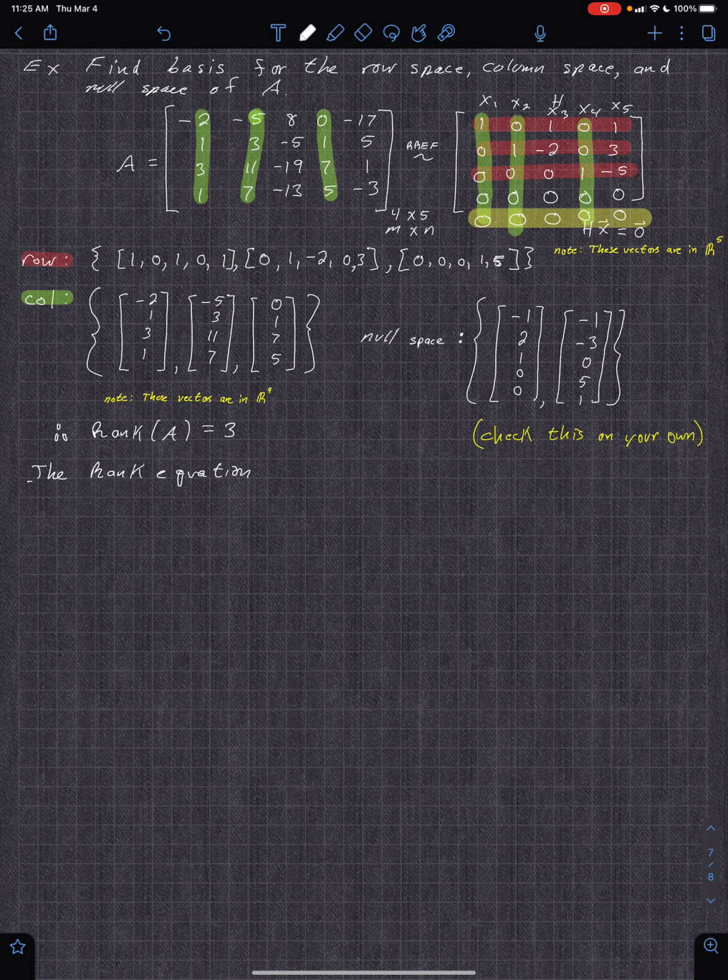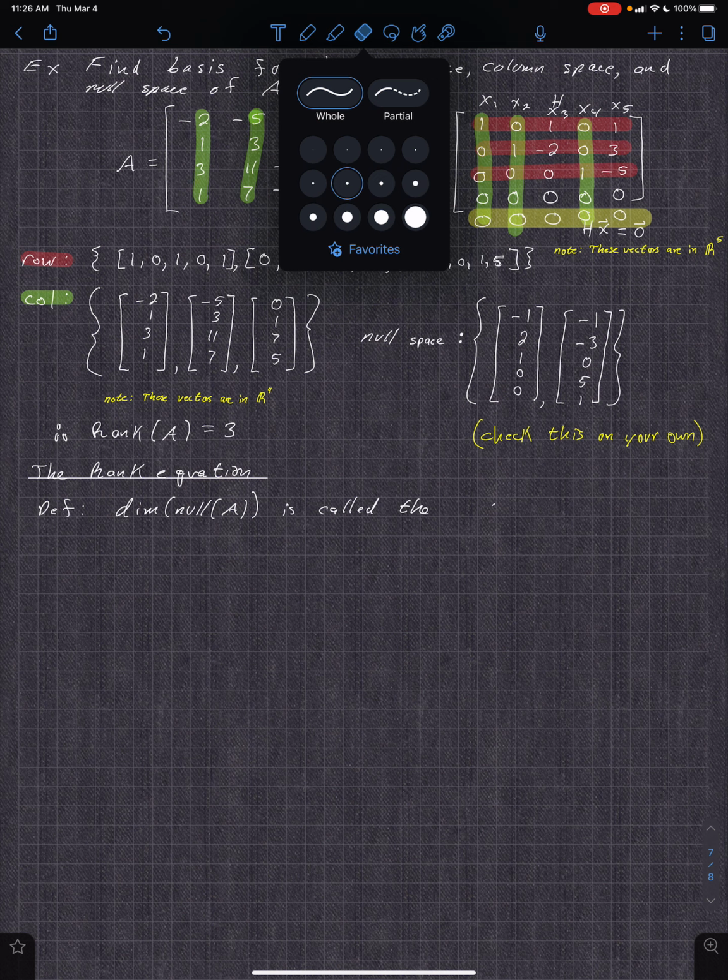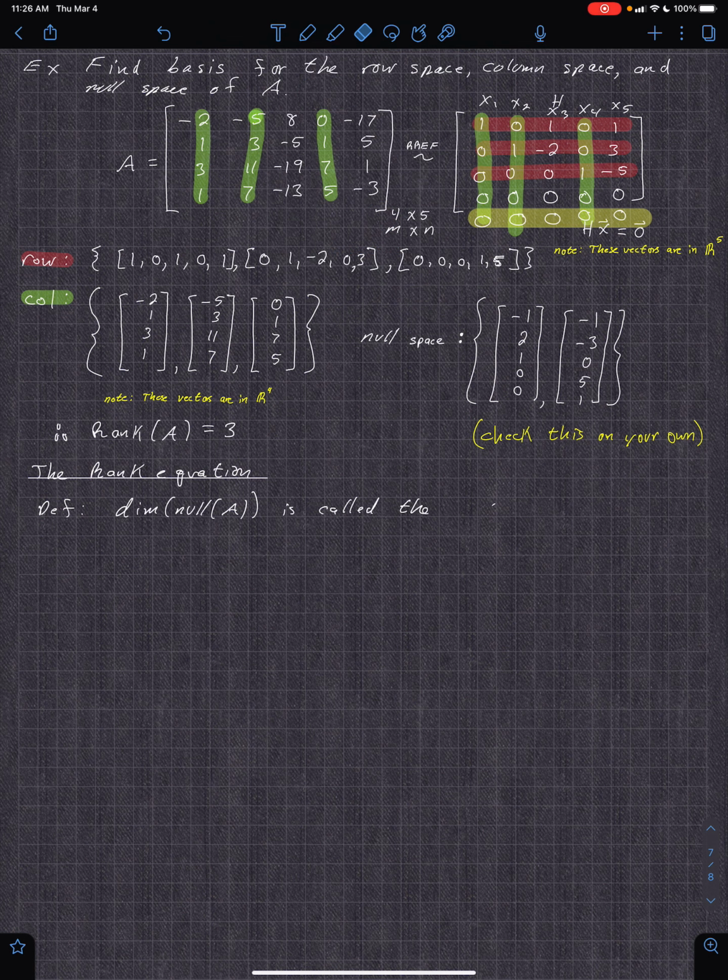Okay, first let's talk about it. The first definition to define the rank equation: the dimension of the null space of A is called the nullity of A. So the nullity is the dimension of the null space.